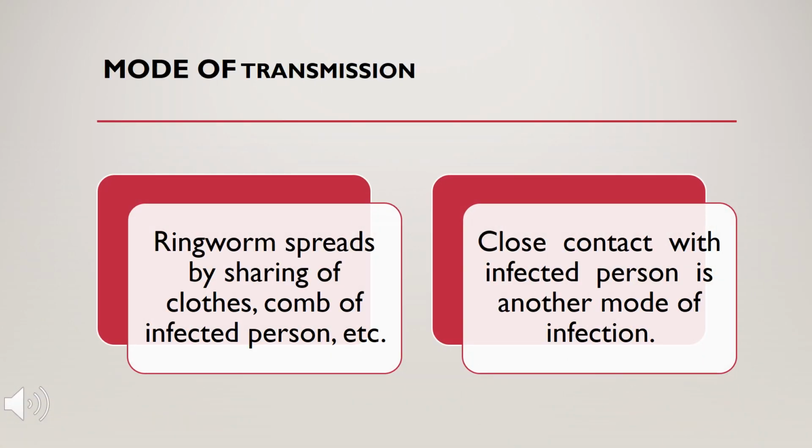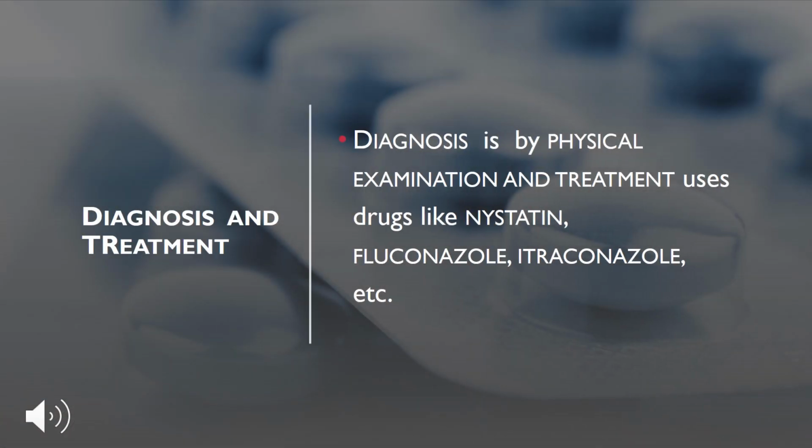Mode of transmission of ringworm. Ringworm spreads by sharing of clothes, comb of an infected person, etc. Close contact with an infected person is another mode of infection. Diagnosis and treatment. Diagnosis is done by physical examination.